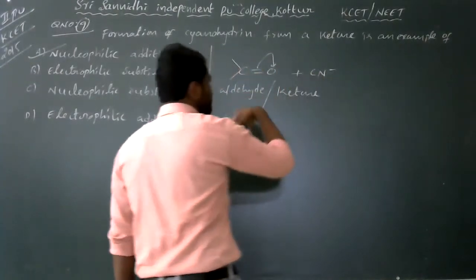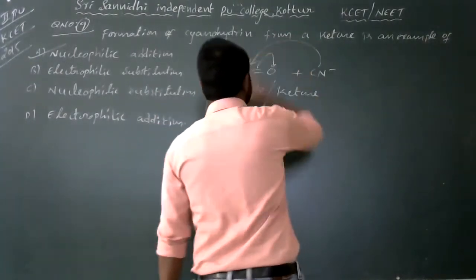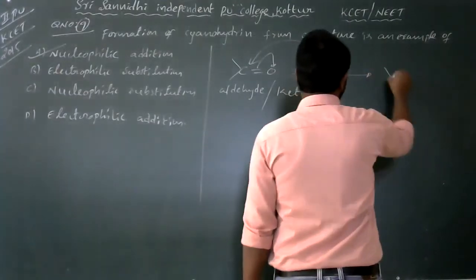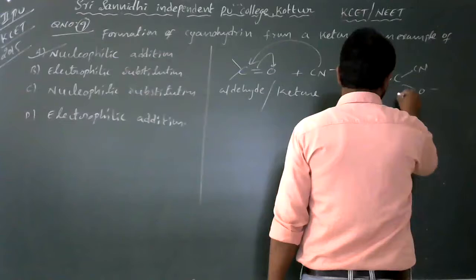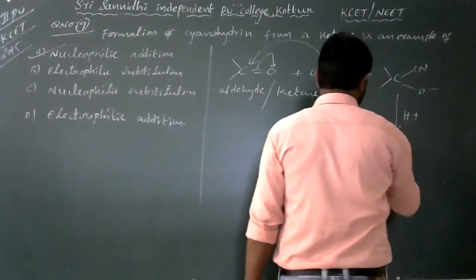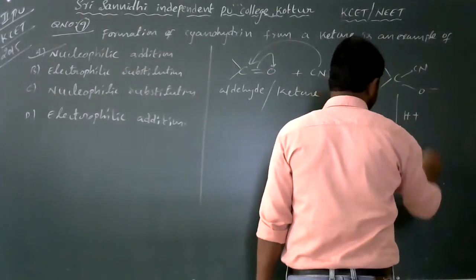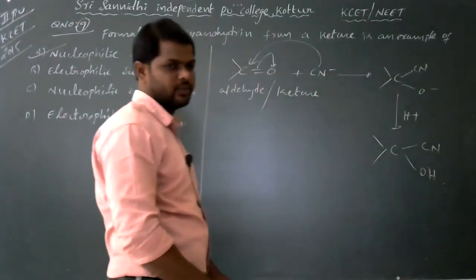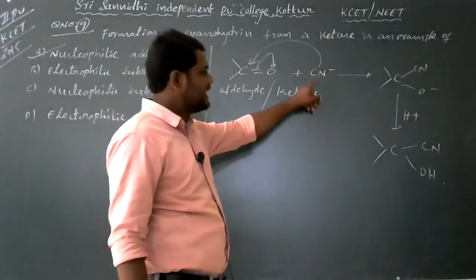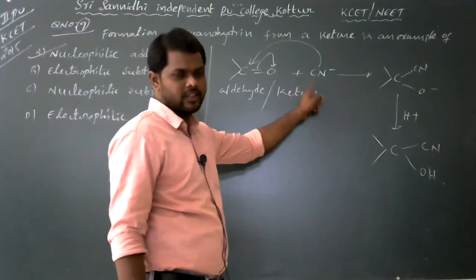Then the cyanide attacks here, which forms CN and O minus, then H plus is transferred, giving the cyanohydrin with CN and OH. Cyanohydrin is formed.